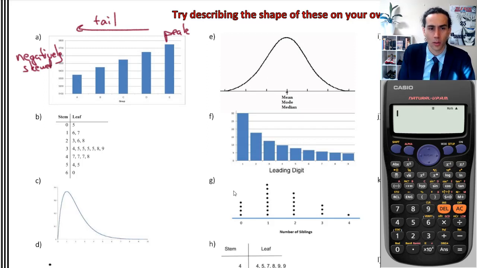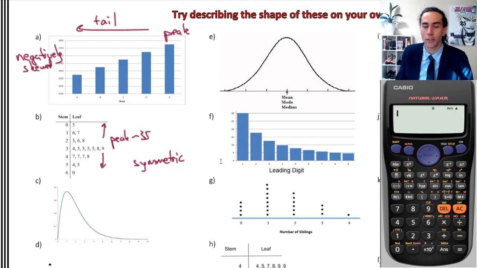So it's like the peak is around 35. But then it's kind of even both sides. So this is symmetric data. If you do it in a graph, it's easy when they give you the graph. It would look like that, symmetric data.